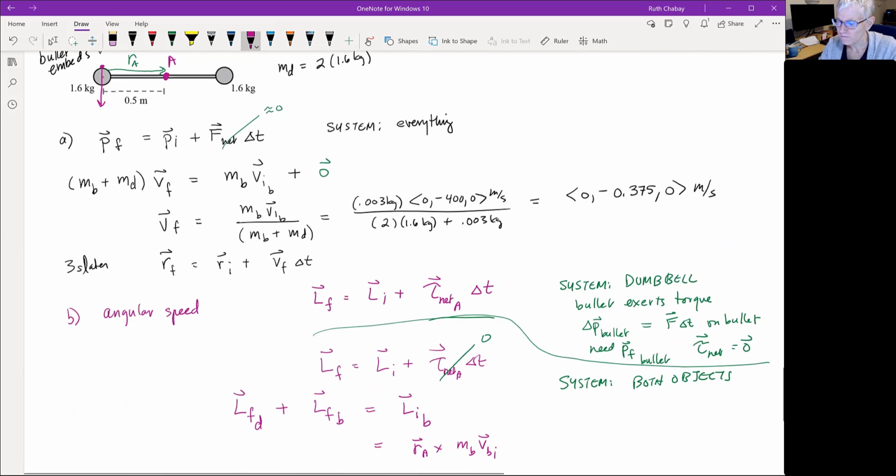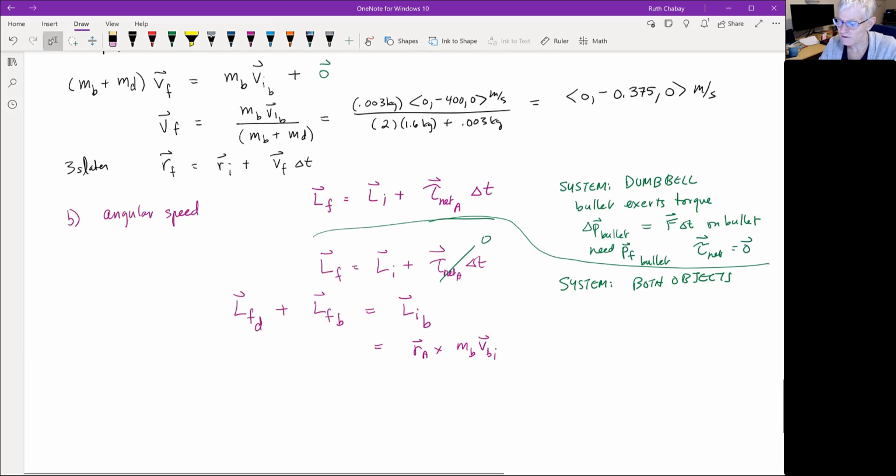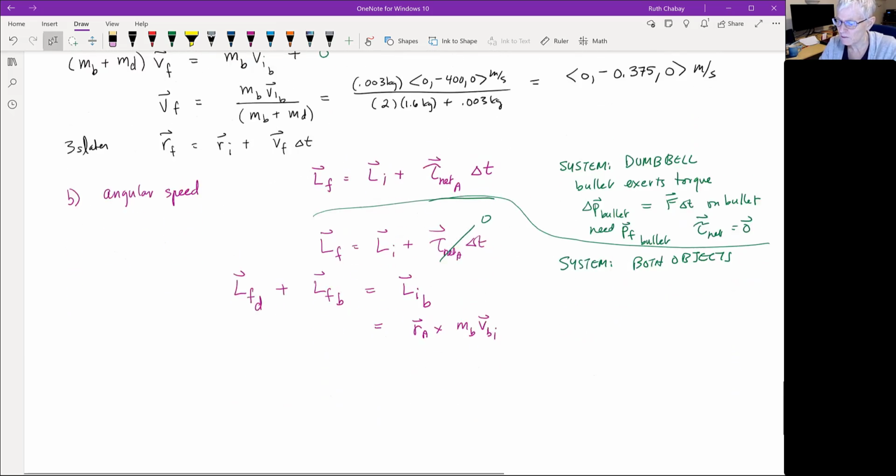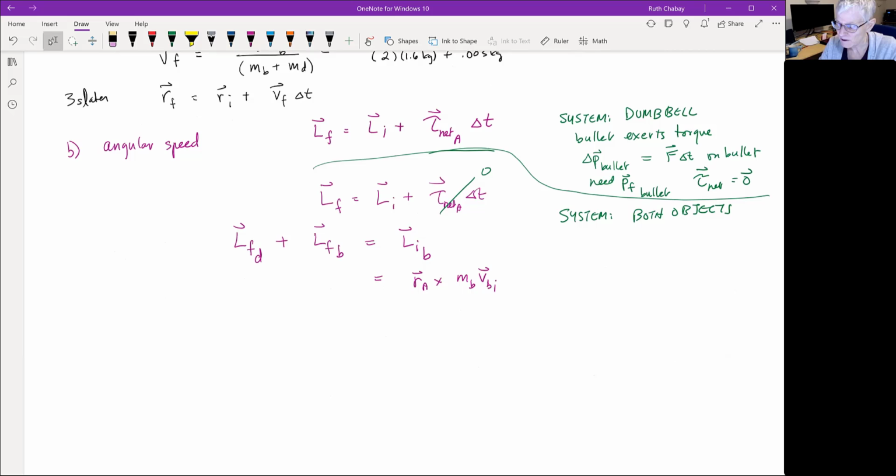Now the final angular momentum of the dumbbell is going to be the moment of inertia of the dumbbell times its angular velocity, right?